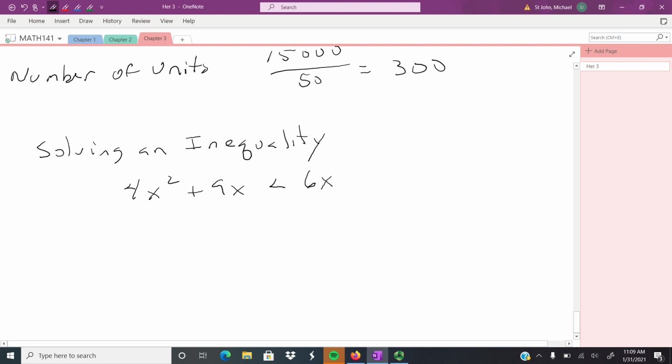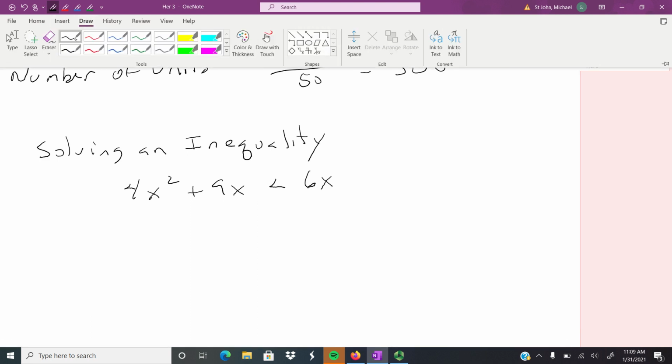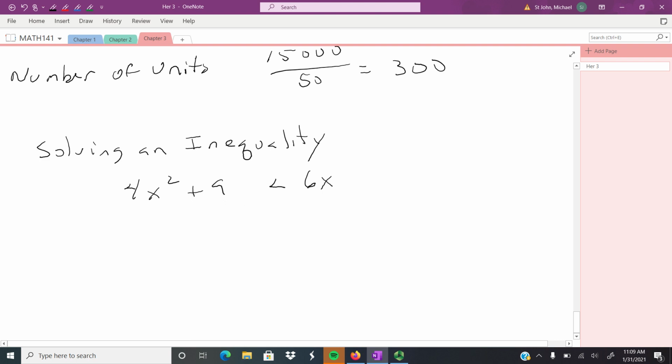I'm sorry, this should be a 9. There we go. Okay. So again, it's a quadratic, so let's set it equal to 0. So let's move the 6x over. So we have 4x squared minus 6x plus 9 is less than 0.